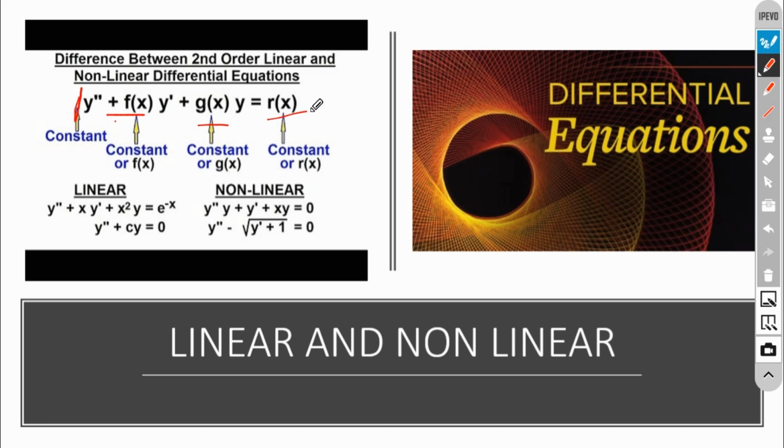Here you can see that in the first example, x is multiplied by y prime, and that is linear. If y is multiplied by y double prime, then it is non-linear.